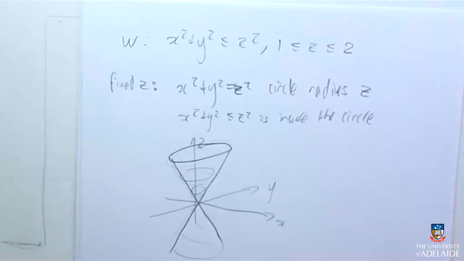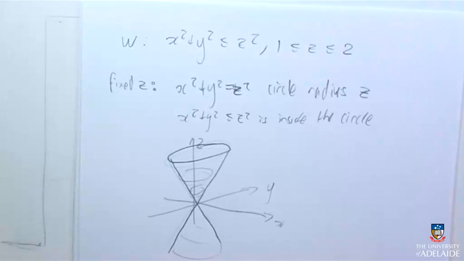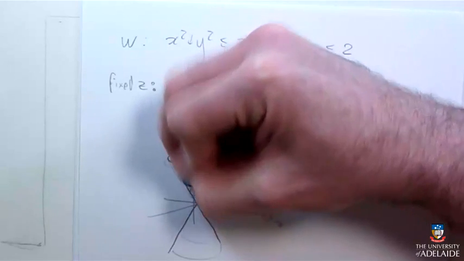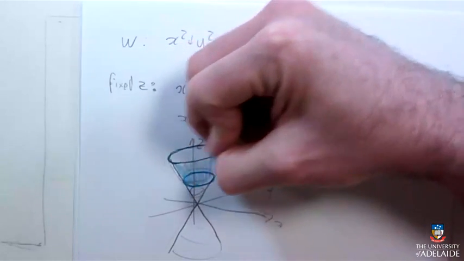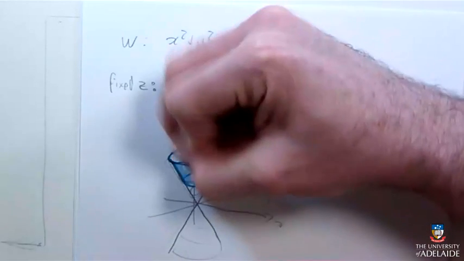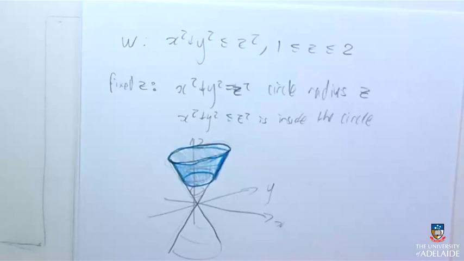But I only want the z coordinates to be between 1 and 2, okay? Sure. There we go.